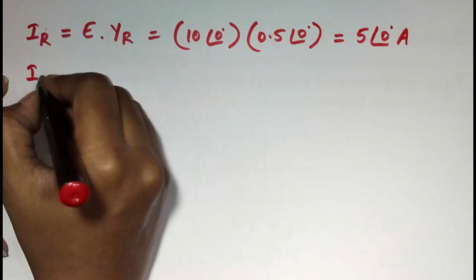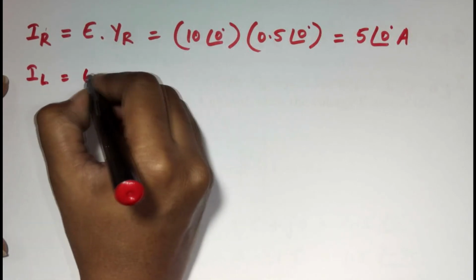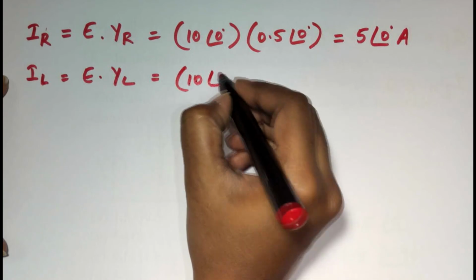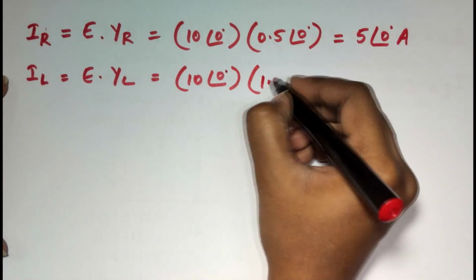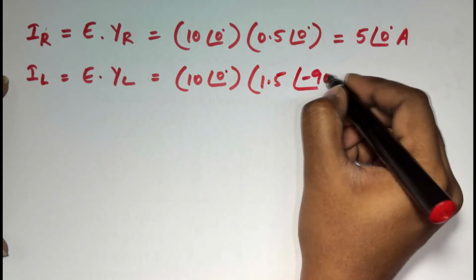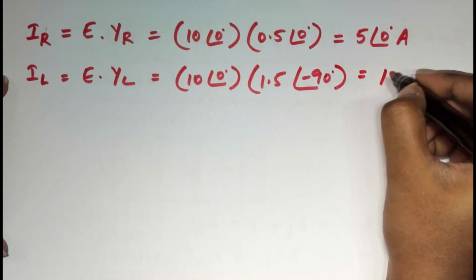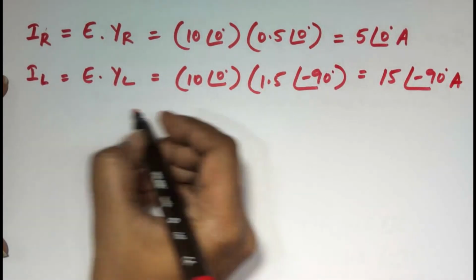Next, we calculate the current through the inductor, IL. IL is E times YL, that's 10 angle 0 times the value of YL we found to be 1.5 angle minus 90. Multiplying the two, we get 15 angle minus 90 amps.